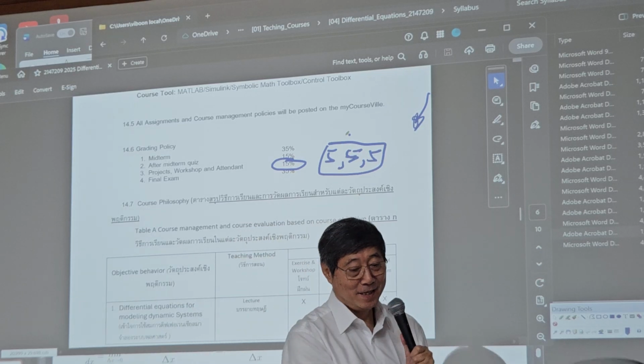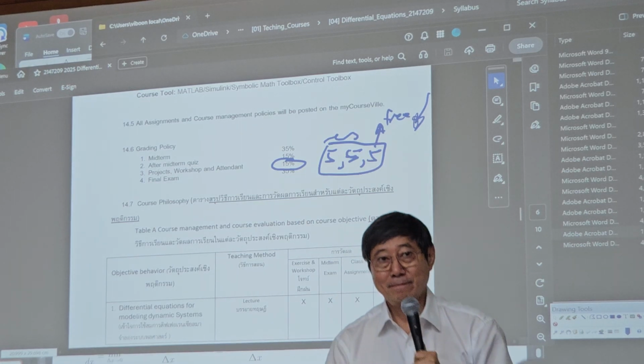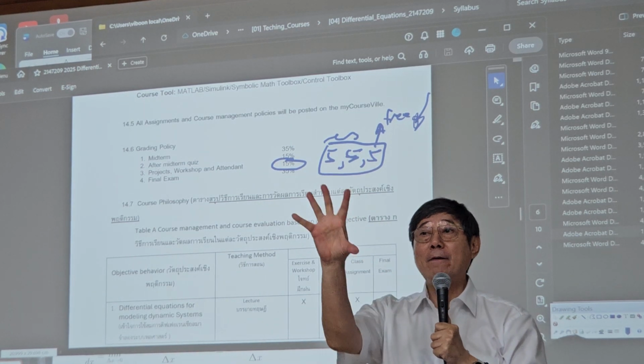But normally I give you this one for free. Even though I check your name and you're missing, I give it for free. Project and workshop 10, I can reduce to 5.